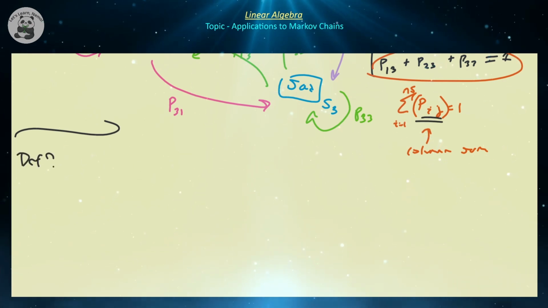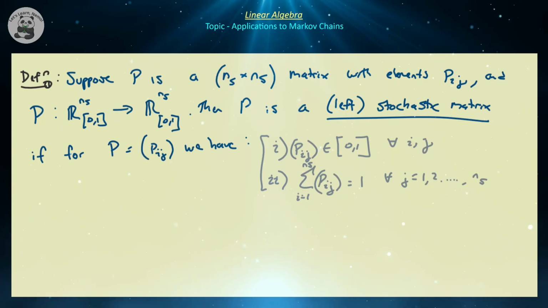So let's look at the first definition of today. Let's assume that P is a square matrix of dimensions ns by ns, so the number of states by the number of states, and our state vector. Let's assume that the elements are represented by Pij, and that P maps the vector space R^ns to R^ns, where the set R is restricted to the closed interval 0 to 1.